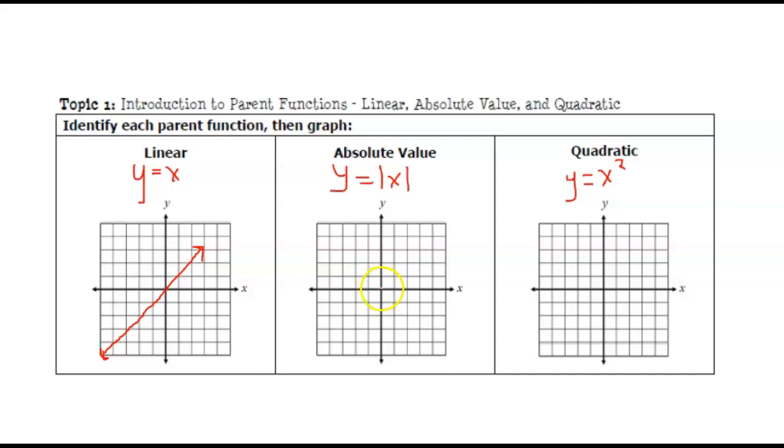My absolute value function is a v, and it's centered at the origin. It goes up by 1 on each side. My quadratic function is going to be a parabola. Again, the vertex for that parabola is centered at the origin. The rest of the parent graphs, again, I'll put a link on this video. You can check out the parent graph video.